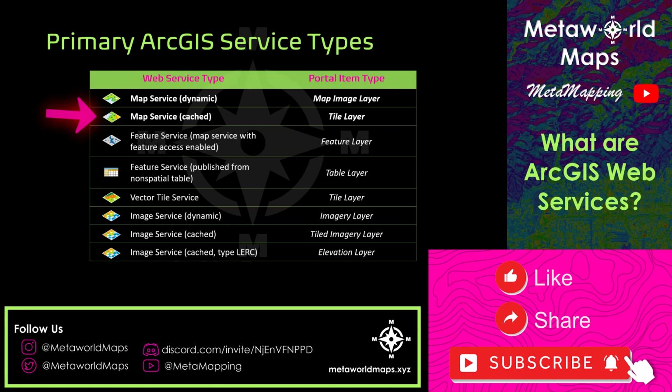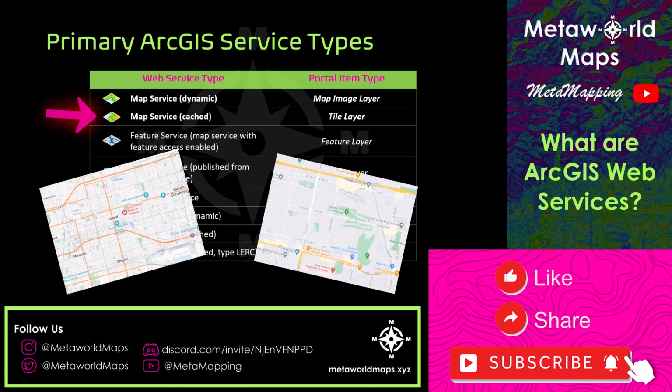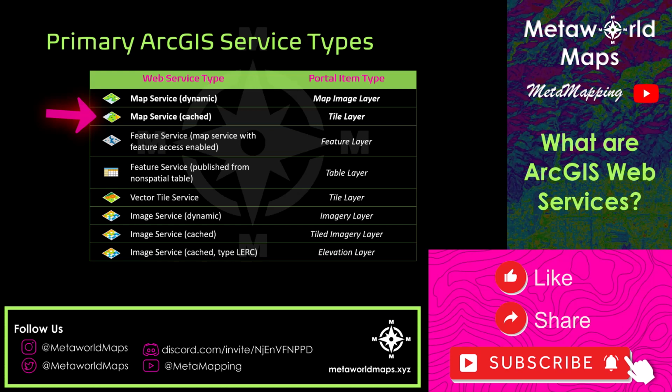So instead of each time the server creating these map images with each request, you've pre-cached at different scales all of these images that live on the server. And this is how ArcGIS Online or Google Maps, Bing Maps, and many other services expose their maps through these cached map services.